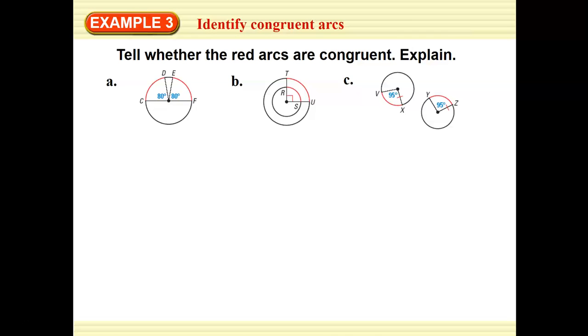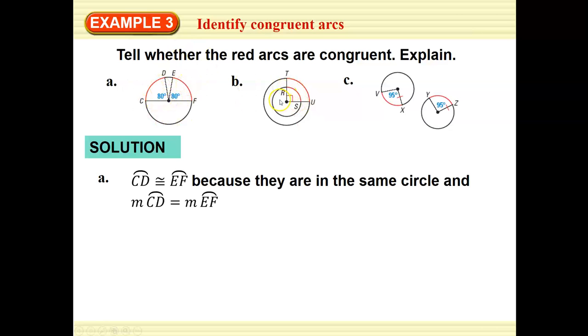Then looking at whether arcs are congruent, two things have to be true. First, they have to have the same measure, and second, they have to be arcs in the same circle or congruent circles. This first pair is the same circle, and they're both 80 degrees, so those arcs are congruent.